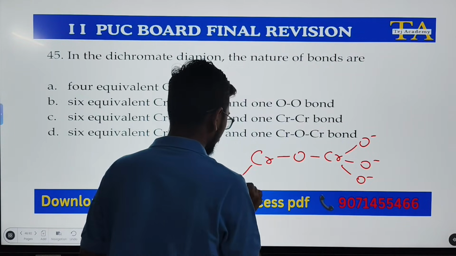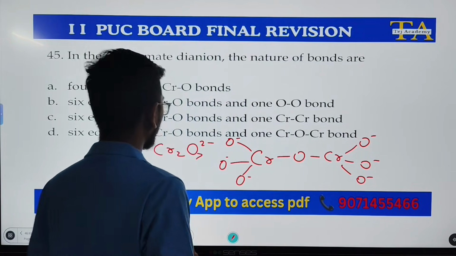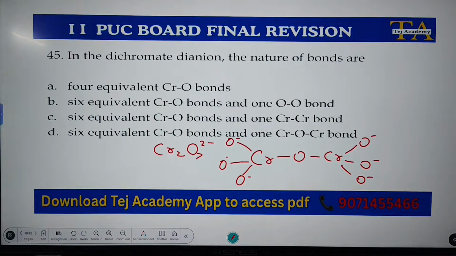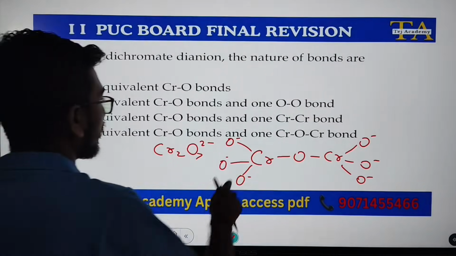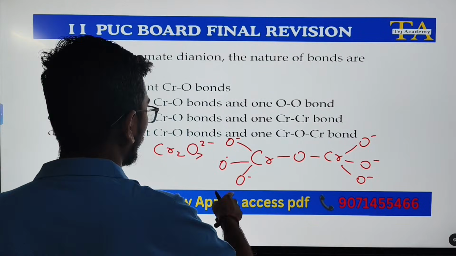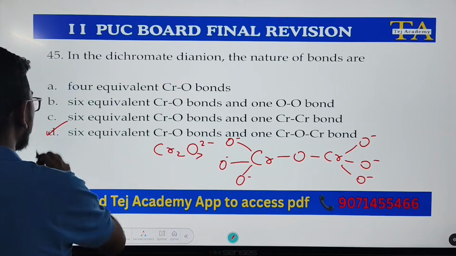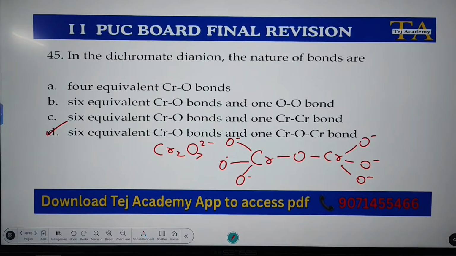If you see the structure, now, 4 equivalent Cr-O bonds are present? No. 6 equivalent Cr-O bonds and 1 O-O bond? No. 6 equivalent Cr-O bonds and 1 Cr-Cr bond? No. 6 equivalent Cr-O bonds and 1 Cr-O-Cr bond. So option D is the right answer.